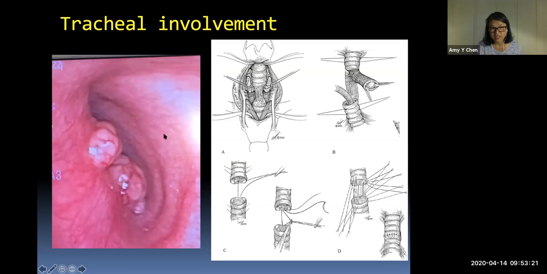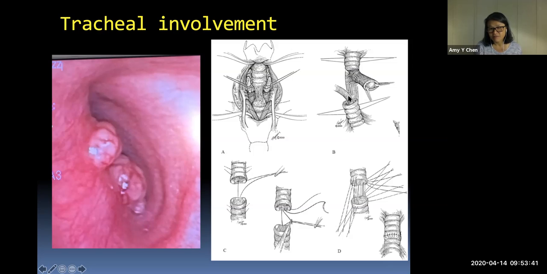So this is an intratracheal examination. And I know that this is not a picture of tracheal resection of a patient with cancer. However, it's the same phenomenon where you take out the segment of the diseased trachea and re-anastomose it primarily.